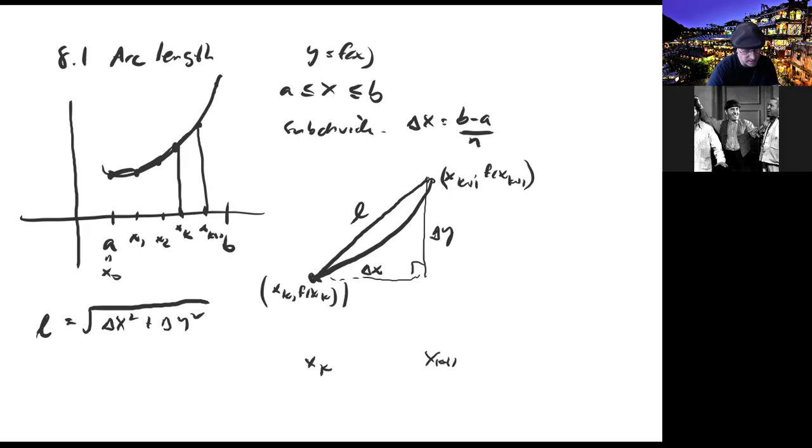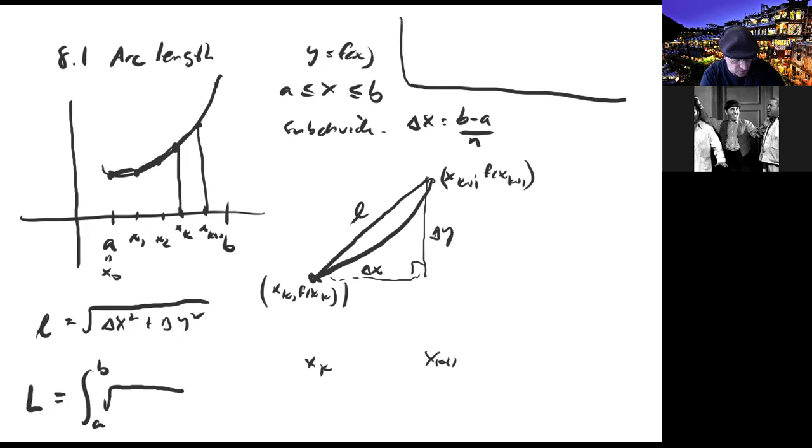So if we're going to integrate, we sum up over all subintervals and then take a limit as delta x goes to 0, and then we get the formula for arc length. It's L, the integral from a to b. So that means we've summed up and taken the limit as delta x goes to 0, and then we get the square root. Oh, okay, so I want to rewrite this square root. Let me do that over here on the top of the screen.